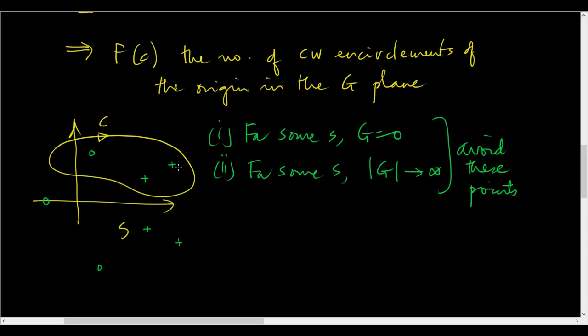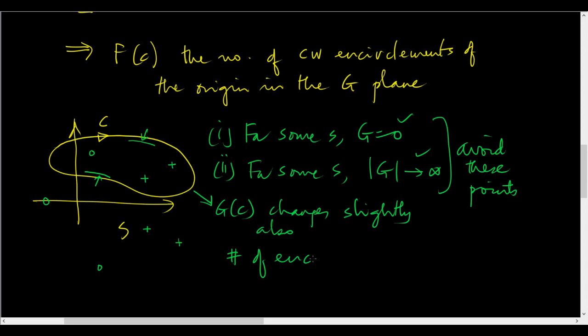Very good. In that case, what happens is if I perturb this curve a little bit, I change it a little, maybe like this, maybe like this. In that case, G of C changes slightly also. But because none of these are changed, G of C, the number of encirclements, remains constant.